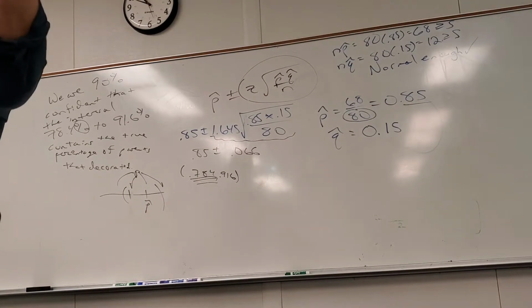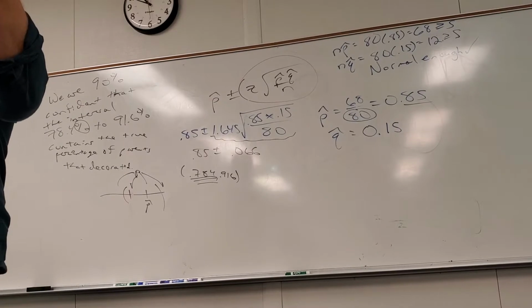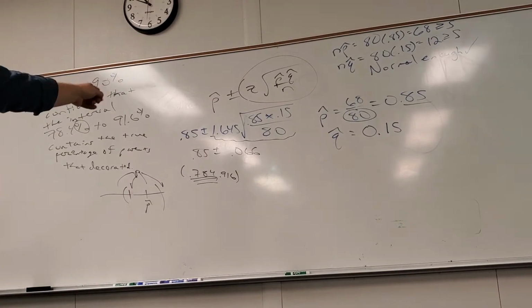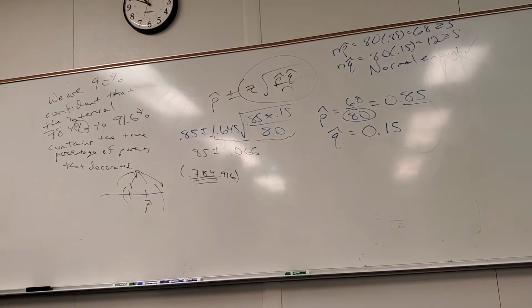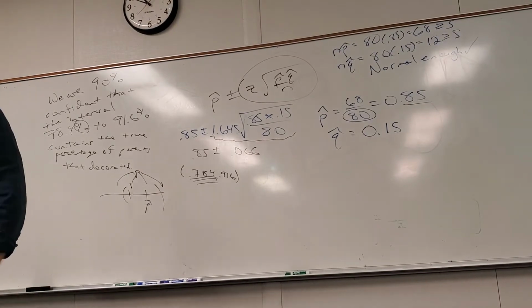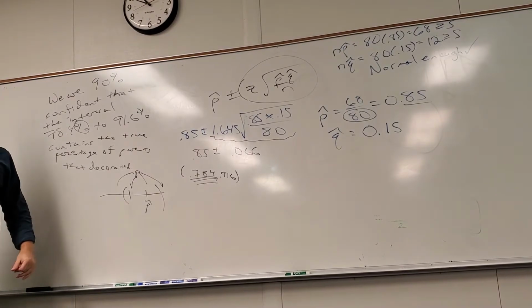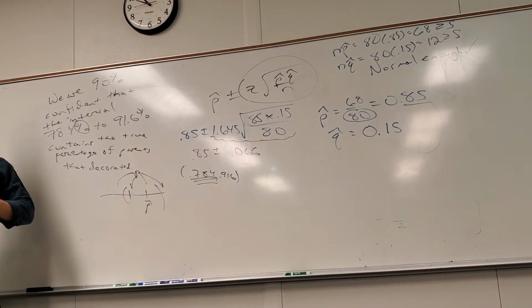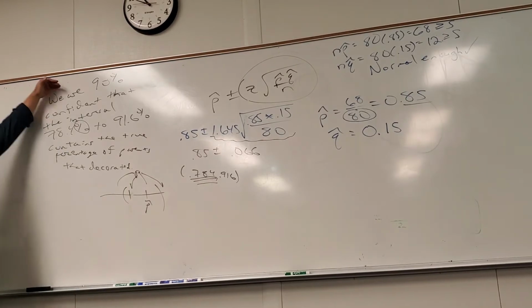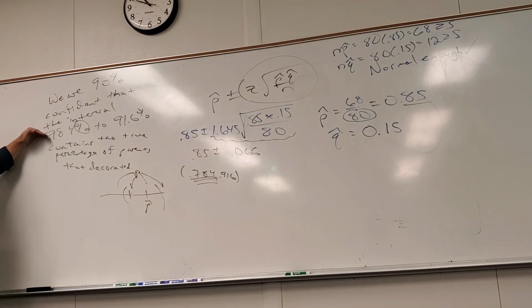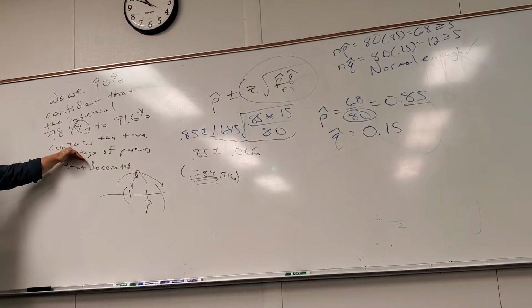There's a chance my interval contains it. That's the correct way to say it. That matches what really is happening. If you don't quite get what I'm saying, then maybe you can memorize this. But you know, I always want it to make sense, not just something to memorize. So we are such and such confident that the interval we made contains the true percentage.